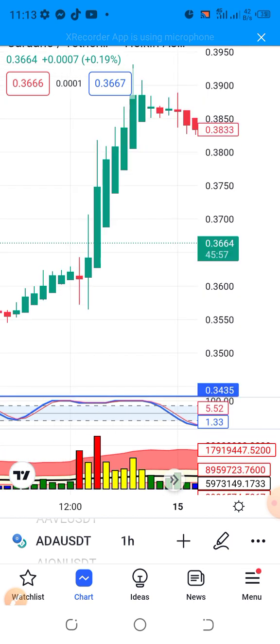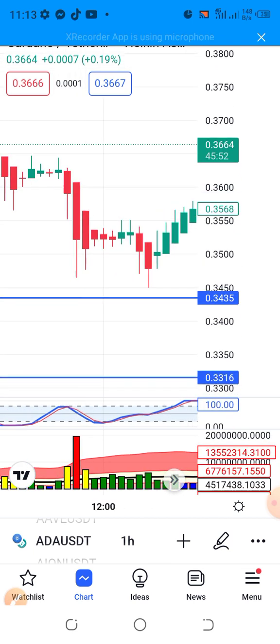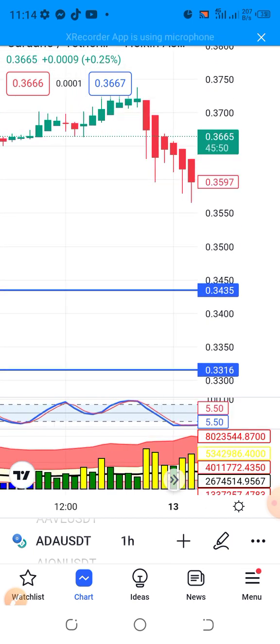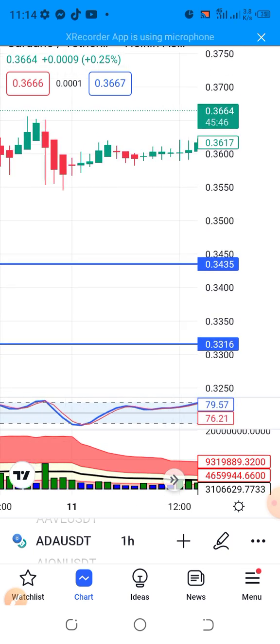I don't know if I can find it here. I'm trying my best. Gravestone Doji.